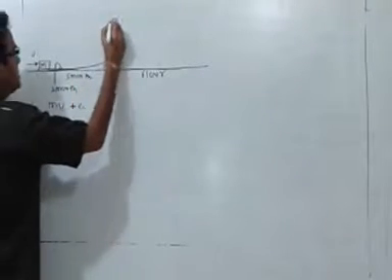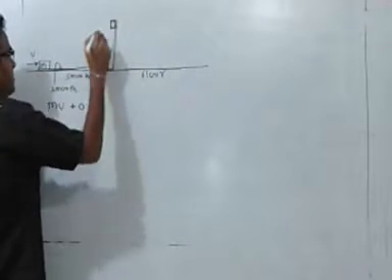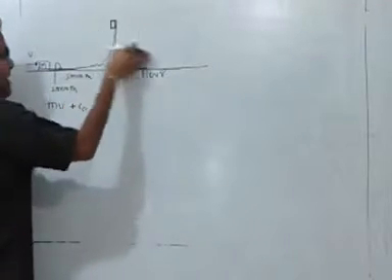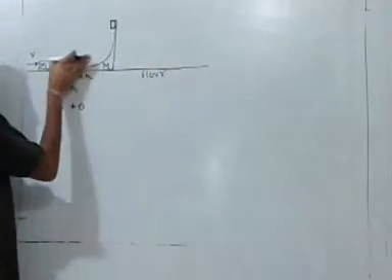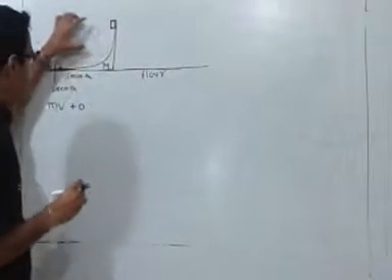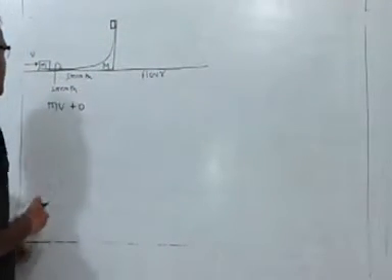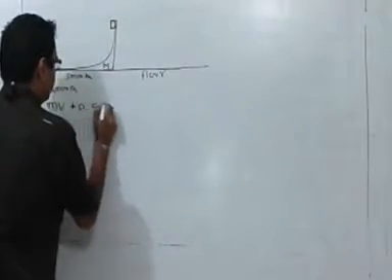Now consider a situation when the block reaches over here. Both the ramp as well as the block are going to move with the same velocity, because this block will push the ramp and they will move together with the same horizontal velocity, and let this velocity be v1.